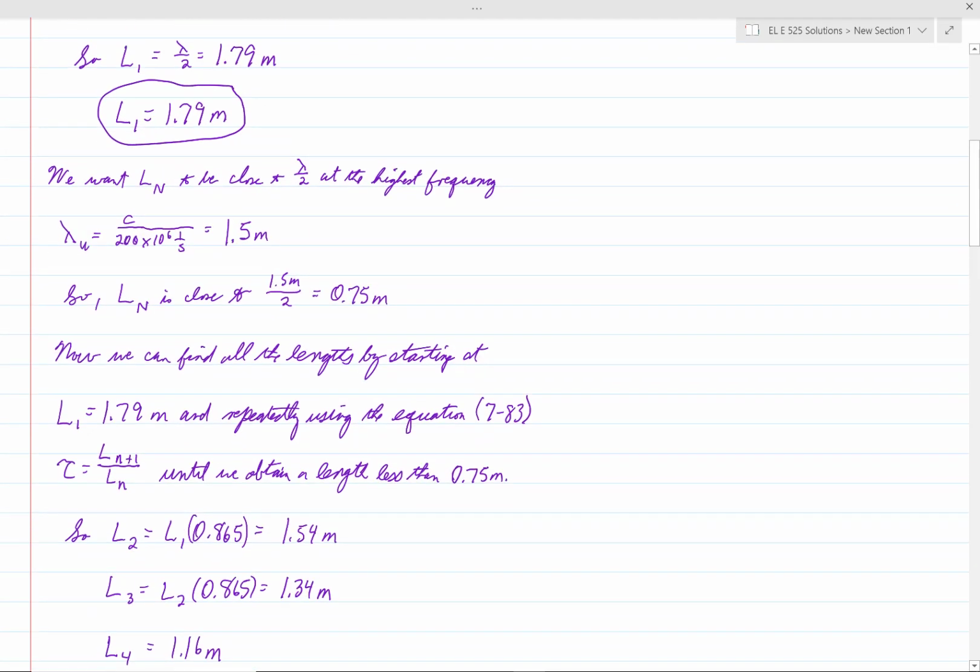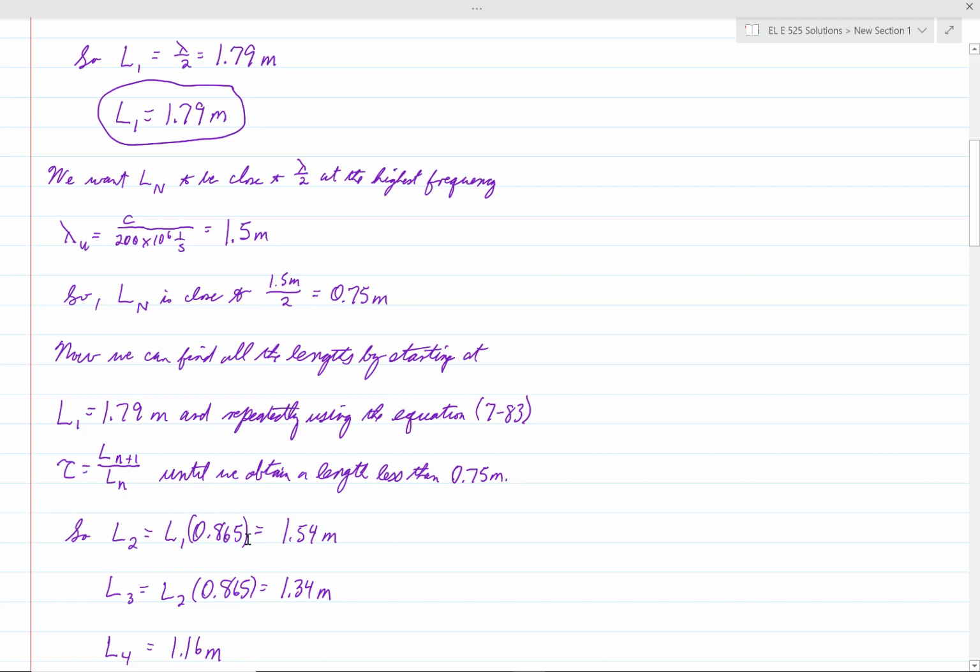And now, to find all the other lengths, what we need to do is start at L1, which you will recall is 1.79 meters, and repeatedly use equation 7-83, which says that tau is equal to Ln plus 1 over Ln, until we obtain a length that is less than Ln, which was 0.75 meters.